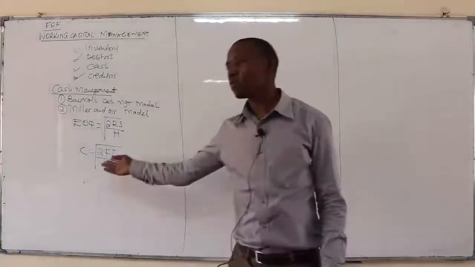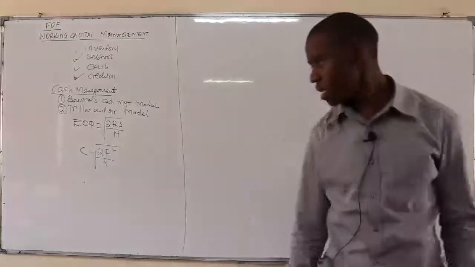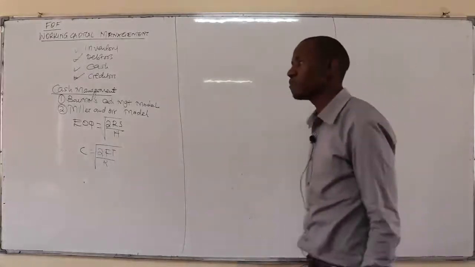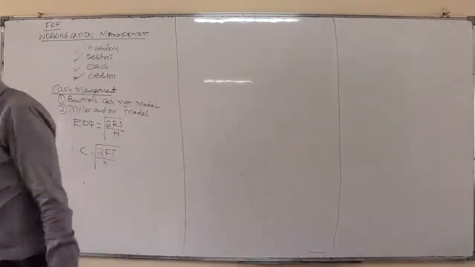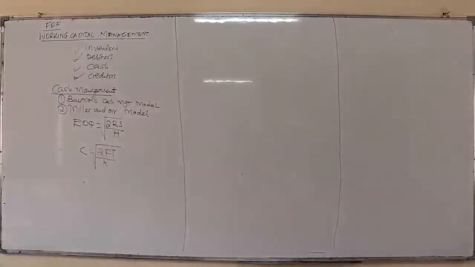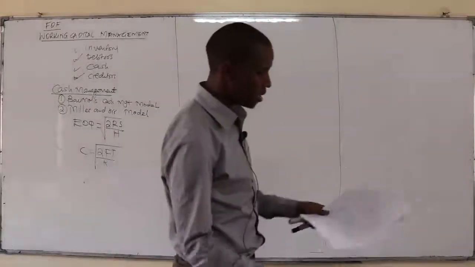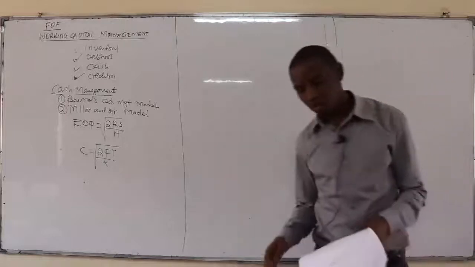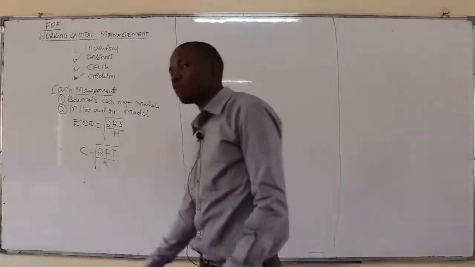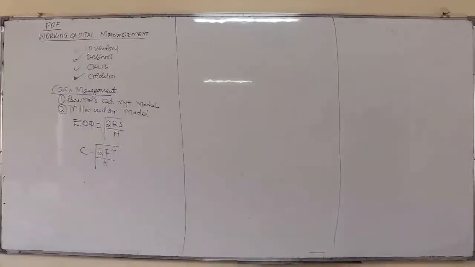Now with that, you can write the formula. C is equal to the square root of 2FT over K, where C is the optimal cash balance.